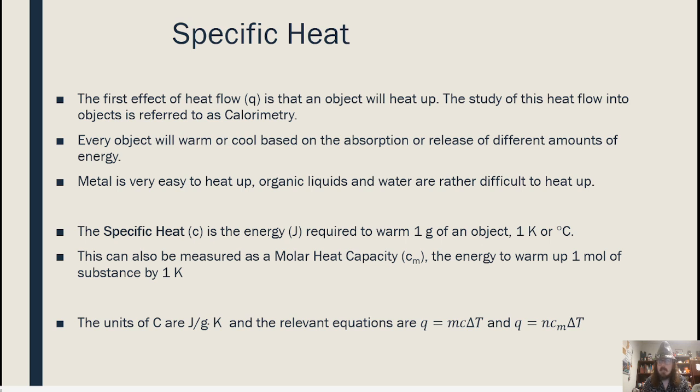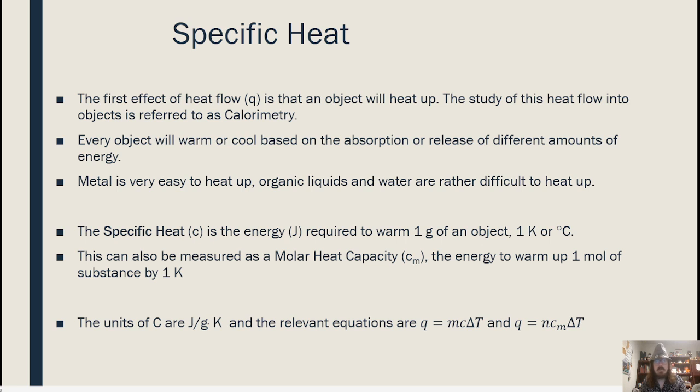Metal, for example, takes very little amounts of energy to increase its temperature. That's why we cook on metal. A cast iron pan takes very little amount of energy to heat up to an incredibly high temperature. It also usually has a very high melting point, which is why it is very good to cook with.